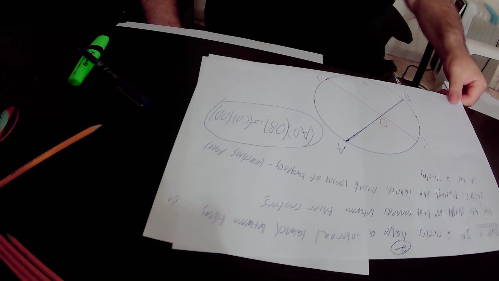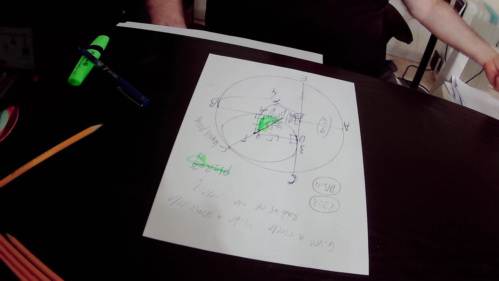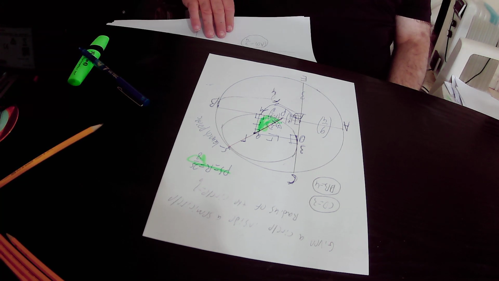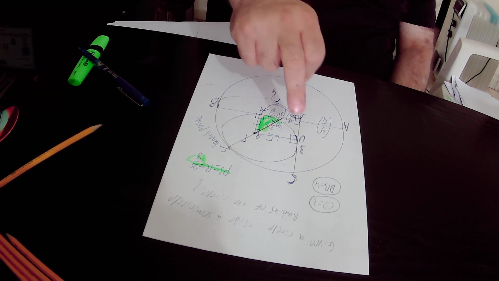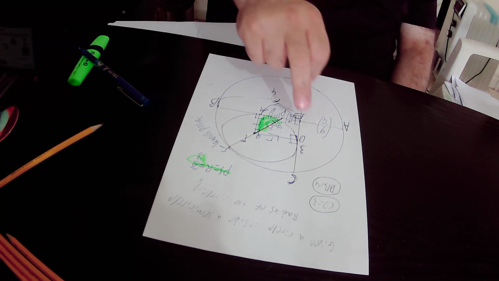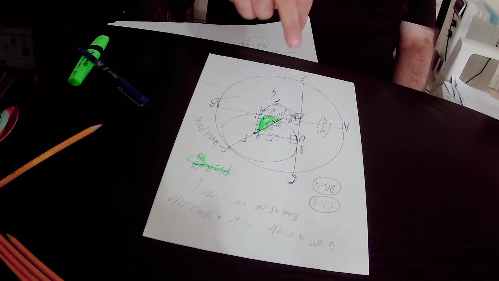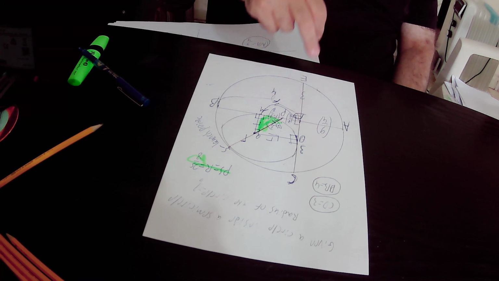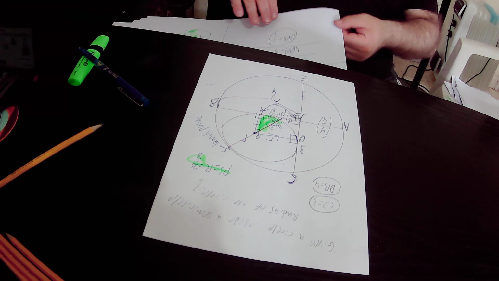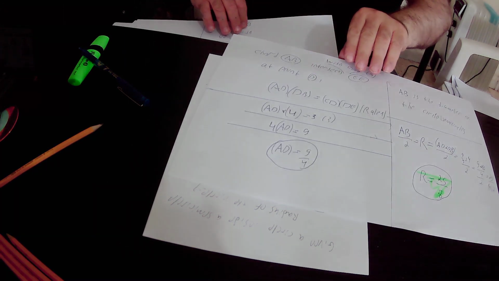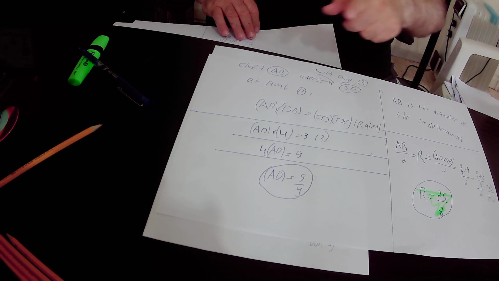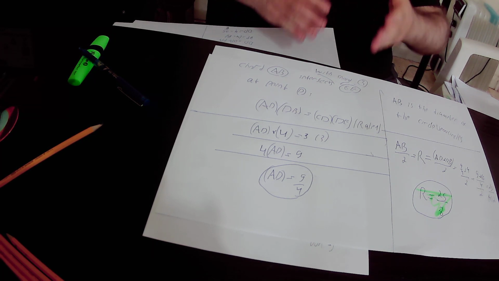So we can implement rule number 1 in our drawing. Why? Because in our drawing we have chord AB that intersects with chord CE at point D. Point D is the intersection point of chord AB with chord CE.